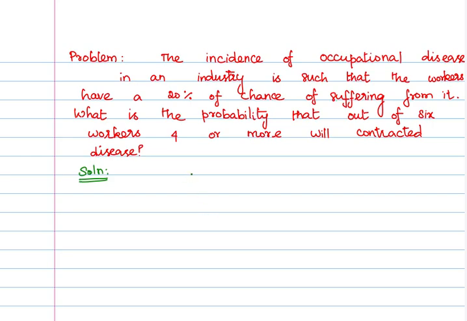So what is n? n equal to 6, as given. And what is p? p equal to 20%, which means 20 divided by 100, so this is 0.2. Once you know p and n, you can define the binomial distribution.